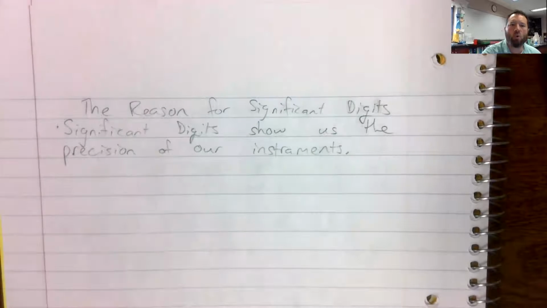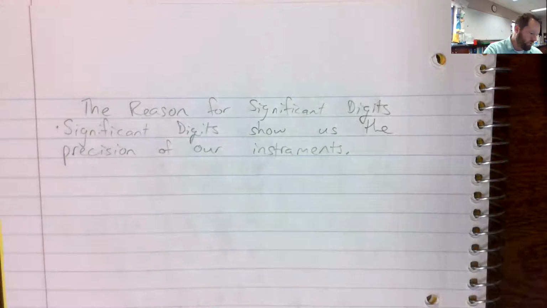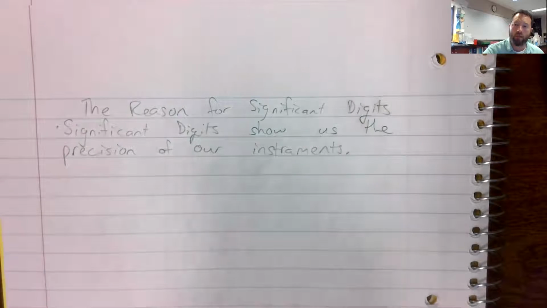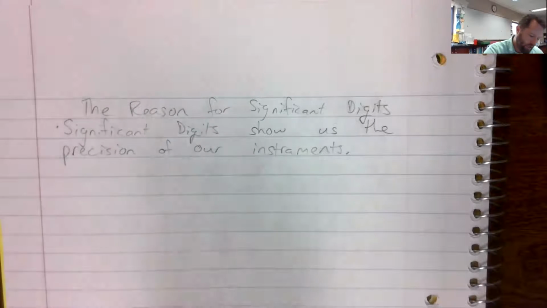Significant digits show us the precision of our instruments. So how precise are the tools that we are working with? That's what significant figures do for us.